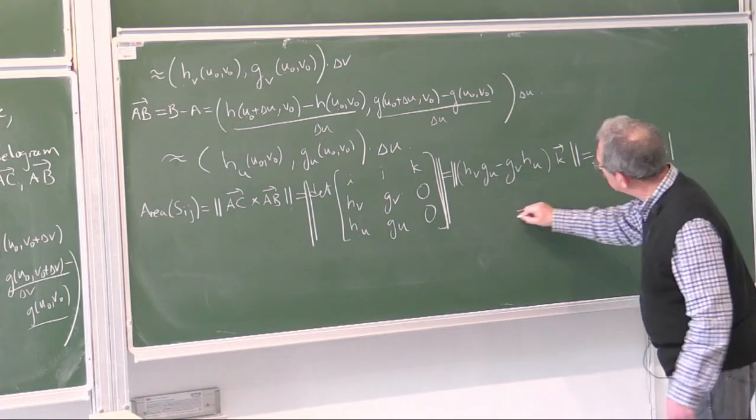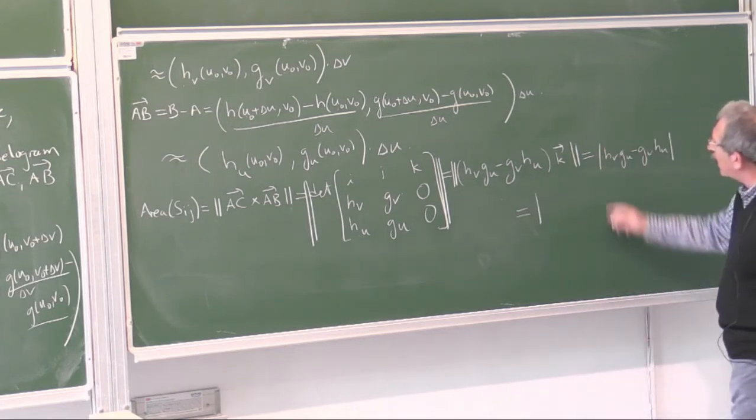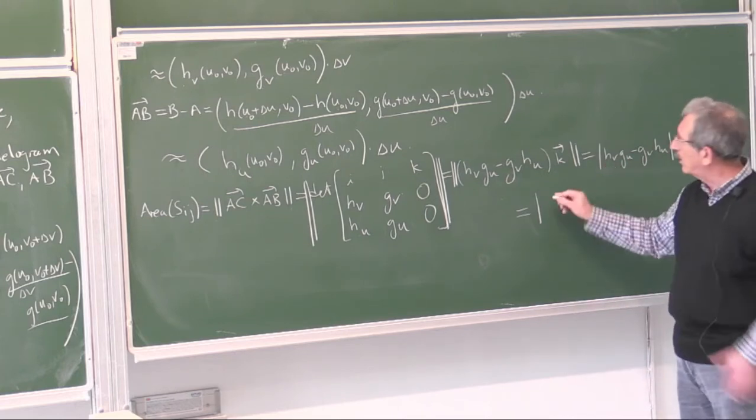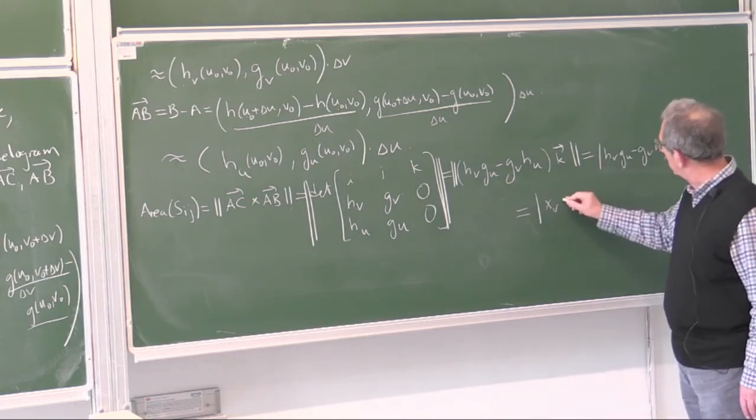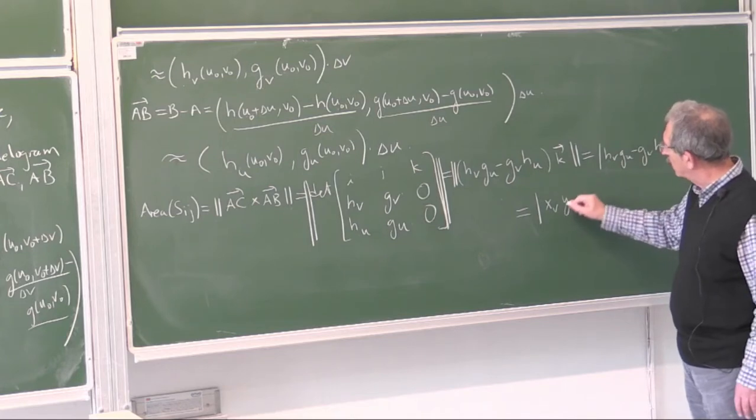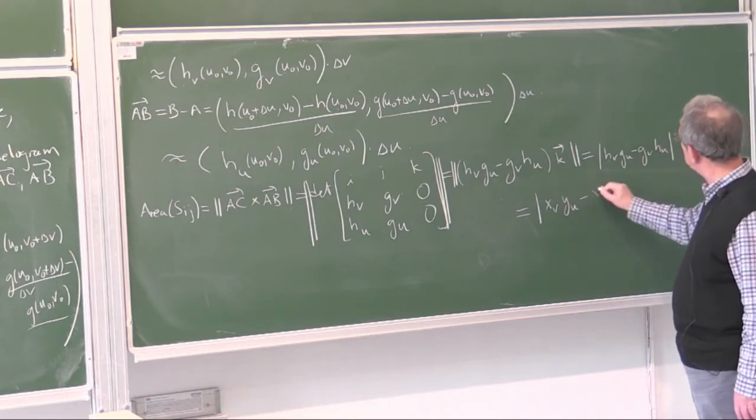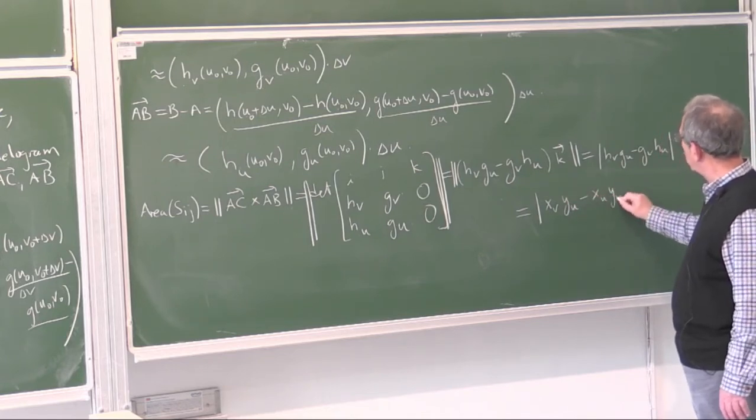I can write it as follows: absolute value, well, H was X after all. So X sub B, G was Y sub U, minus XU, Y sub V.